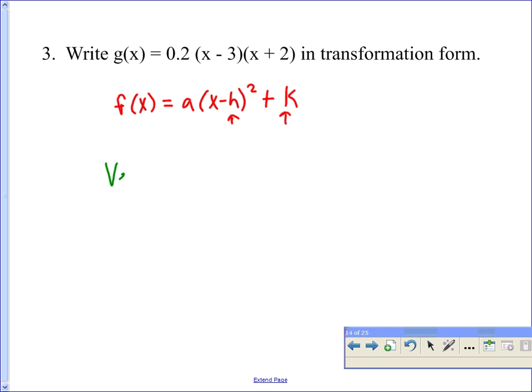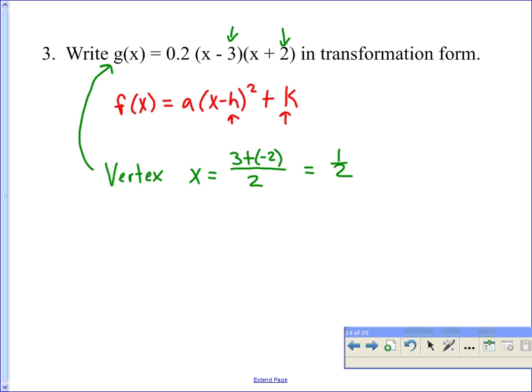So to find your vertex from this form up here, all you do is say, okay, the x coordinate is going to be, if I take 3 plus -2, which is coming from here and here, the average of those, which is going to be my x-intercepts, and I simplify that, I get 1/2.